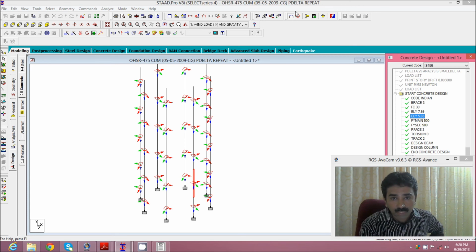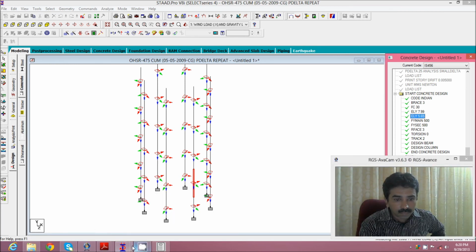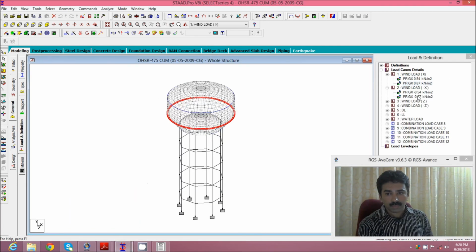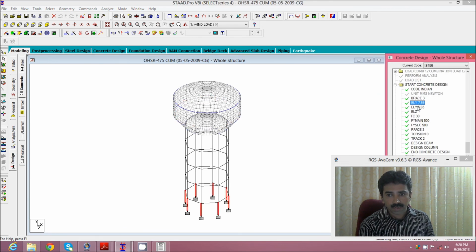Just note, we are still in, okay, I have opened the P-delta file. The values we have given, 7.99 and 5.65, remain the same here.